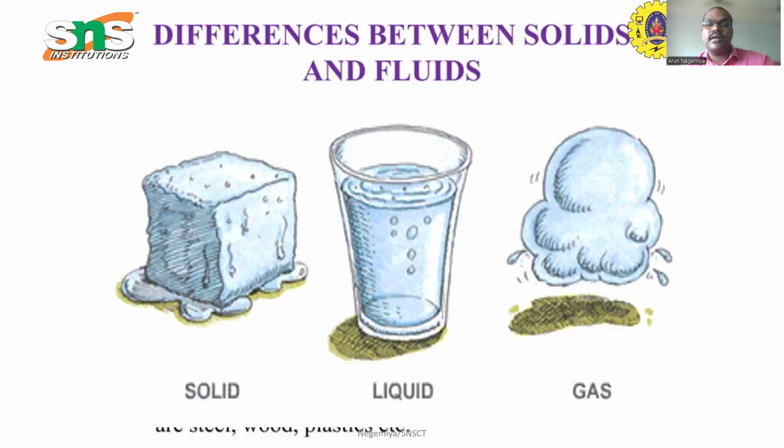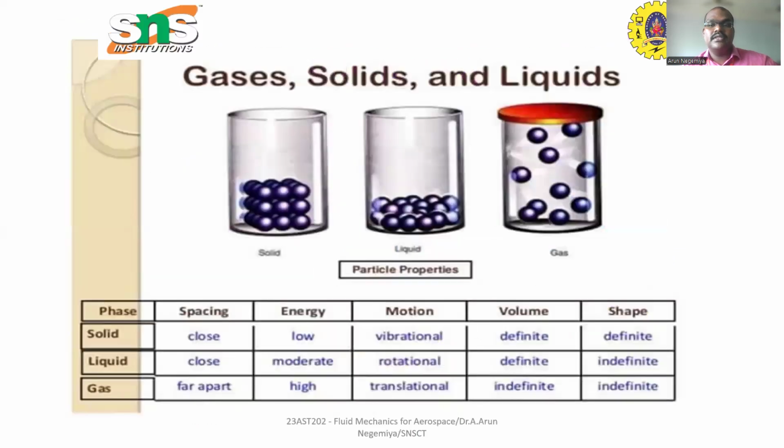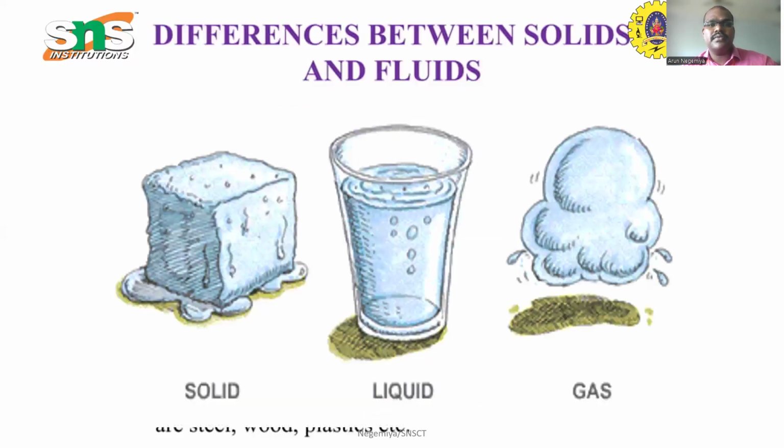This is one image for solid, liquid, and gas. The first one is an ice cube, which is a solid. It has a shape. Next is liquid, which doesn't have a shape. Last is gas. Whether it is solid, liquid, or gas depends on the melting point.